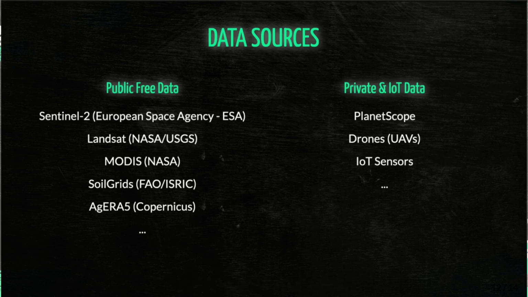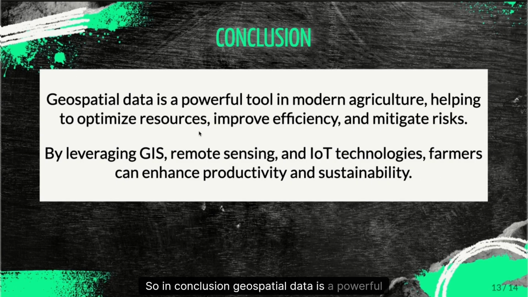In conclusion, geospatial data is a powerful tool in modern agriculture, helping to optimize resources by leveraging GIS, remote sensing, and different kinds of sensor technology. Farmers can enhance productivity and sustainability.